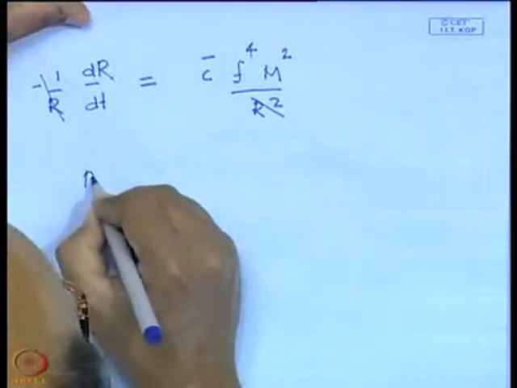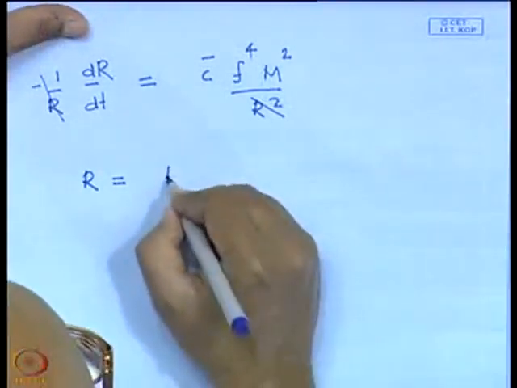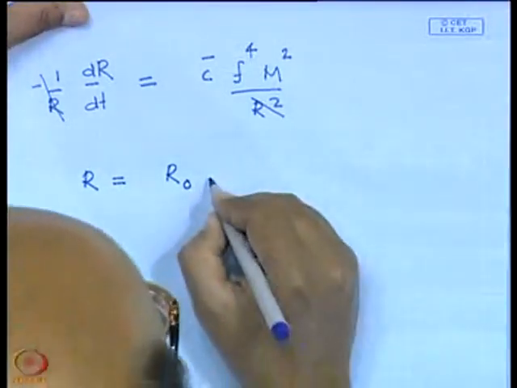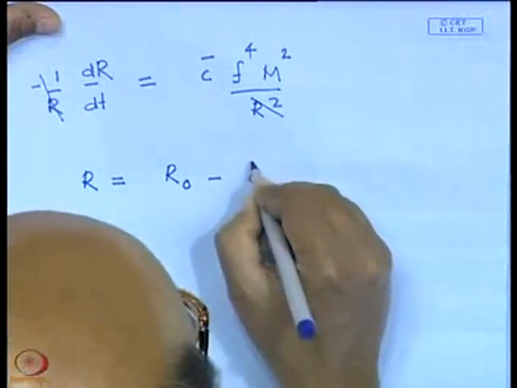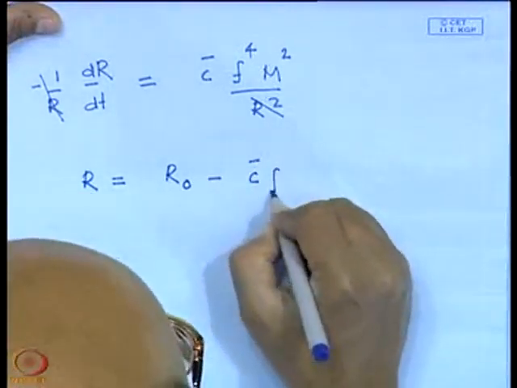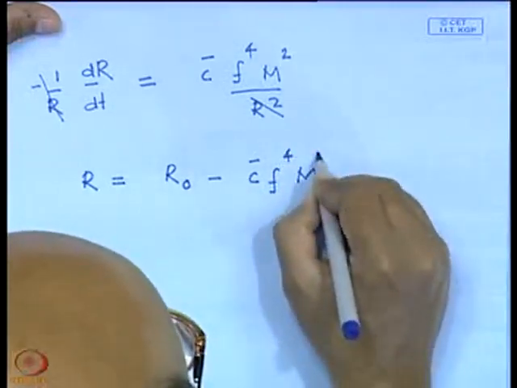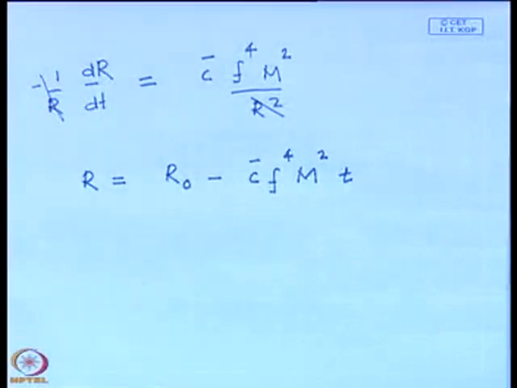So, r is equal to r naught, which is the starting value of the radius, minus c bar f to the power 4 m square into t. Okay.